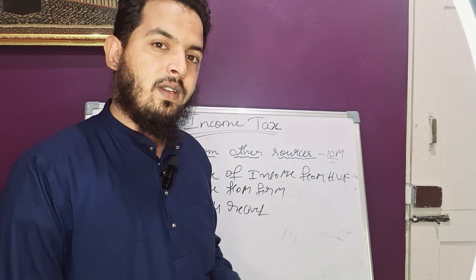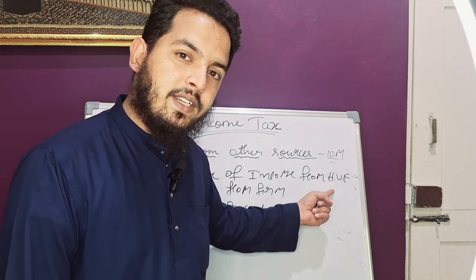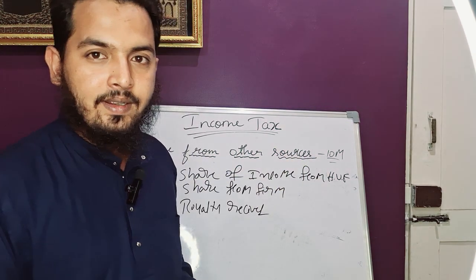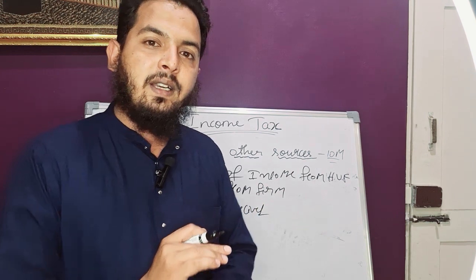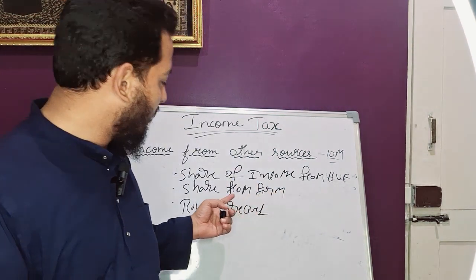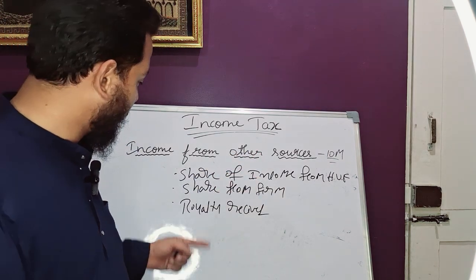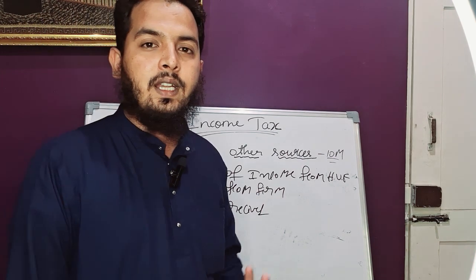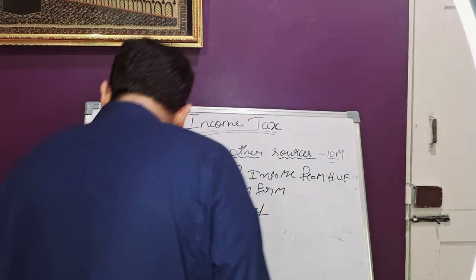If you have received any income from HUF, it is exempted under section 10 under the head income from other sources. Next point, share of income from the partnership firm. If the partners receive their profit from the partnership firm, again it is also exempted under section 10 under the head income from other sources. Next, any royalty received is taxable.